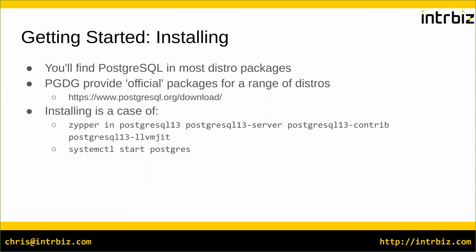So the final package we have here is Postgres 13 LLVM JIT, which adds that support in. And again, that's designed to be an optional add-on, so you can not install it if you don't have LLVM, for example.